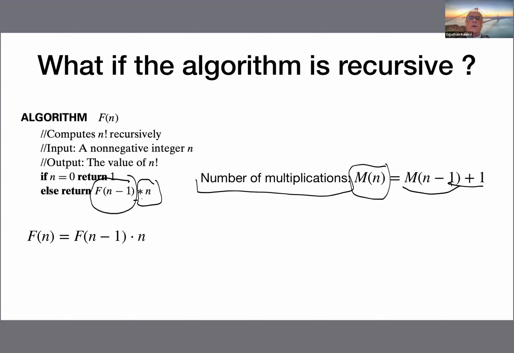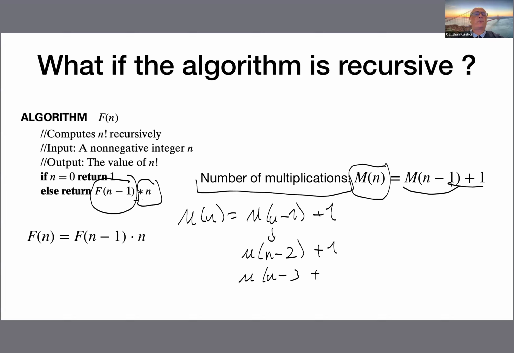How can you solve a recursive definition? You can just substitute, right? M(n) is equal to M(n minus 1) plus 1. So what is this? This is M(n minus 2) plus 1. What is this? M(n minus 3) plus 1.